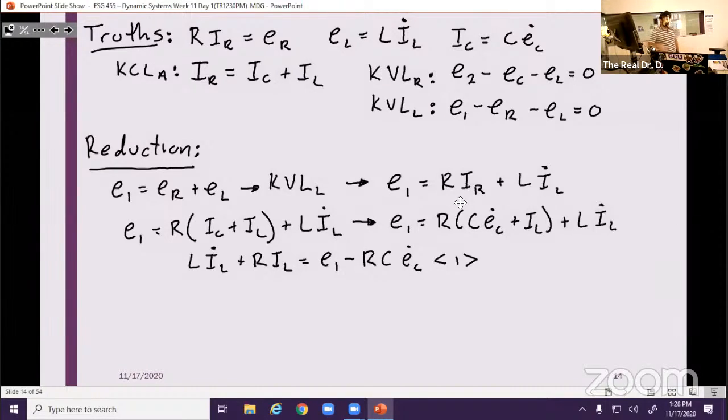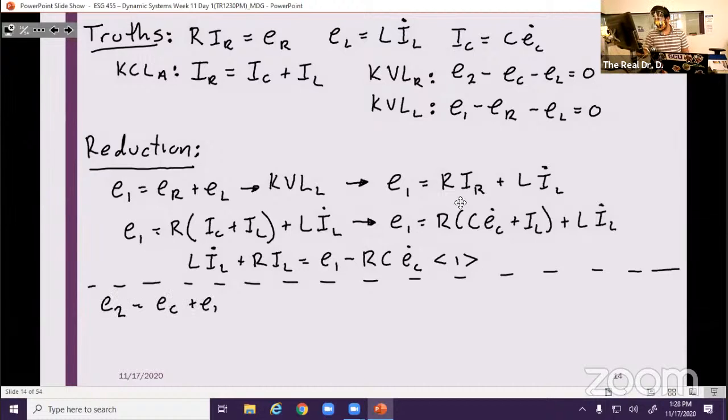So that's one, right? And we're gonna need another first order equation to complete the set, right? Because we need two first order equations here. Luckily for us, we haven't touched that KVL for the right-hand side yet, right? So why don't we start there and see what happens? So we'll end up with E2 is equal to E_C plus E_L, right?